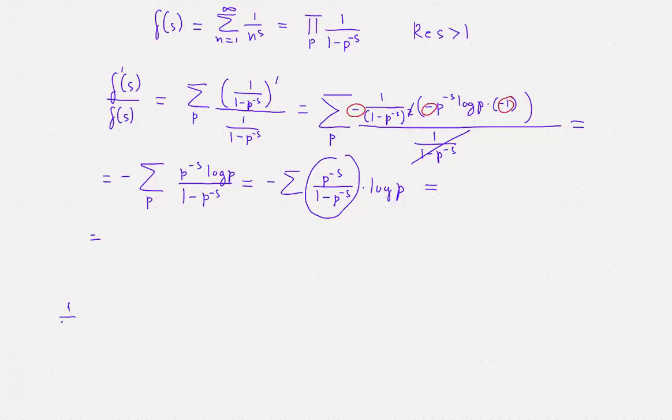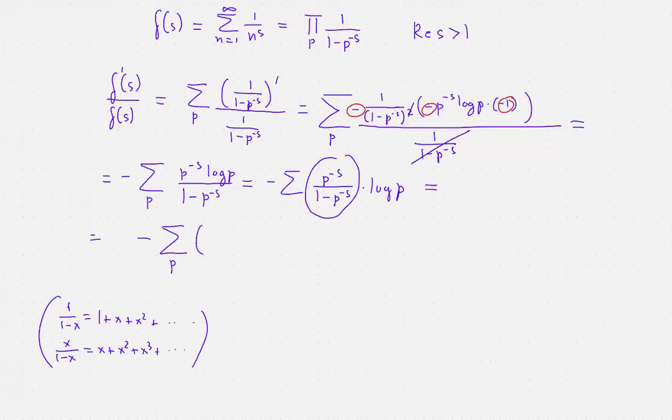And if we take x over 1 minus x, then this is x plus x squared plus x cubed and so on. Okay, so this is the formula that we should keep in mind. And this will become minus the sum over all prime numbers of p to the negative s plus p to the negative 2s plus p to the negative 3s and so on and so forth.